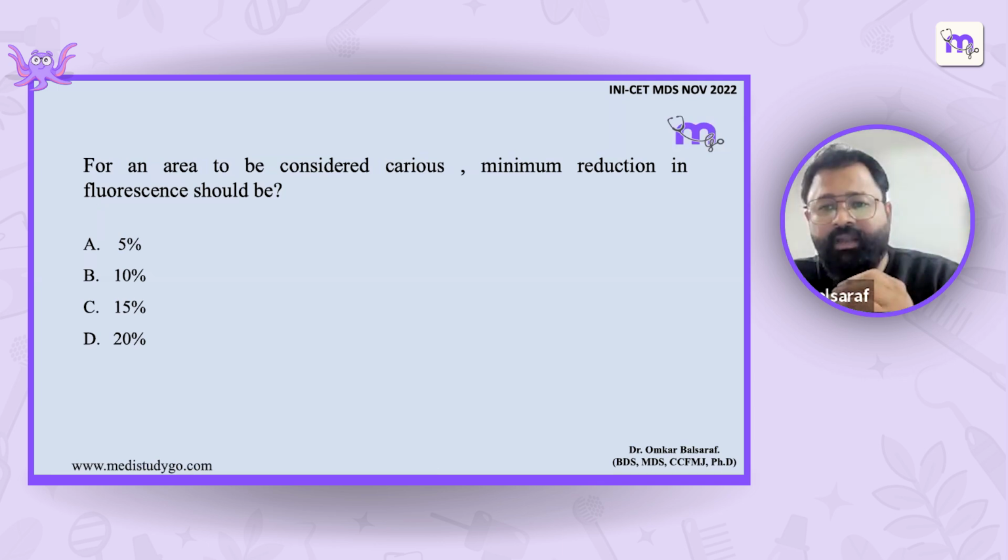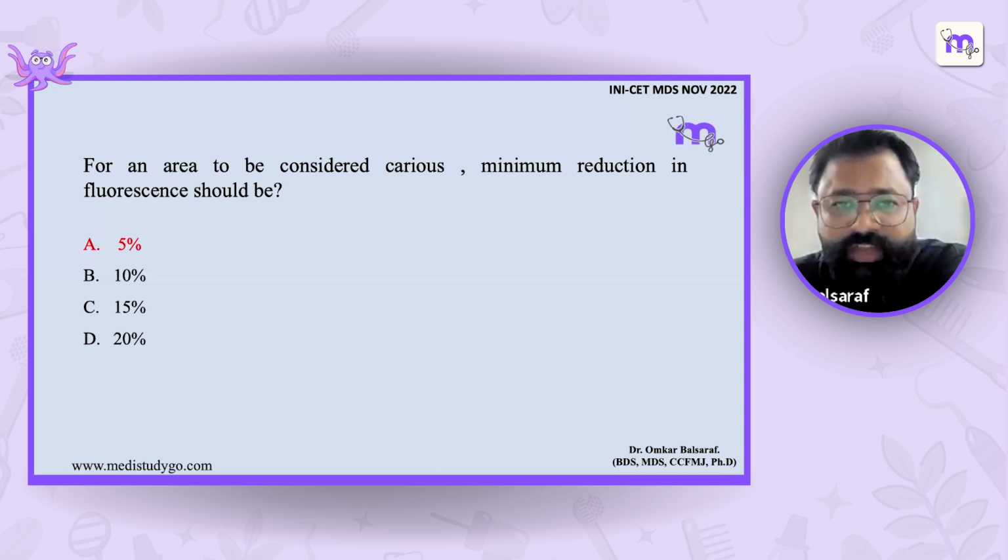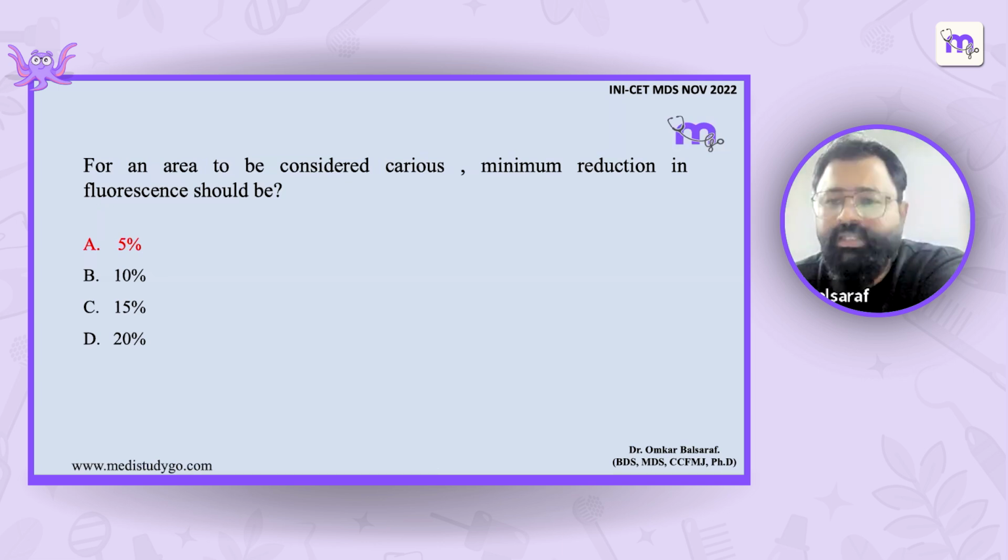Various devices are available in the market to check the reduced fluorescence of a carious tooth. So the answer is A, 5%. If there is even a 5% reduction in the fluorescence of that tooth, that means the area is carious.